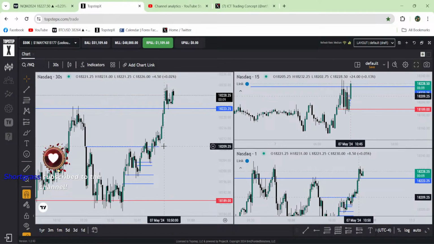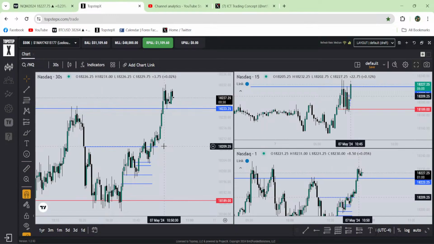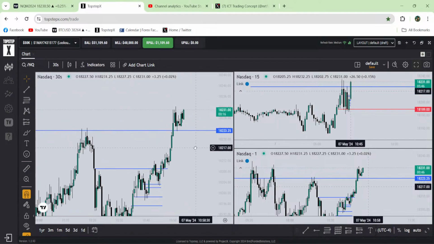Just me, who is not even near any ICT student. A lot of ICT students are 1,000 times better than me. I'm not even near to them. Still, I'm finding a lot of entries from this chart, and just imagine how many entries ICT can find. That is why he was there.